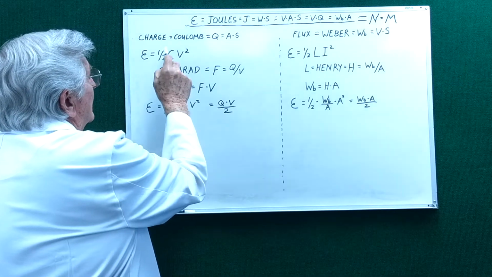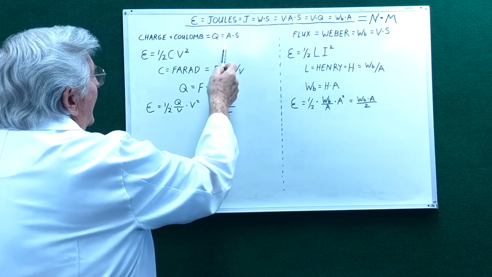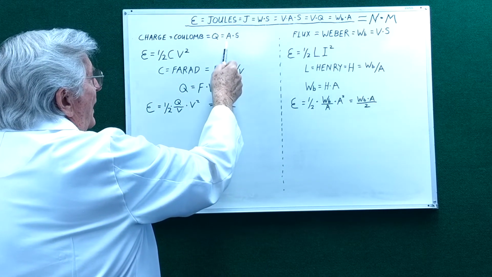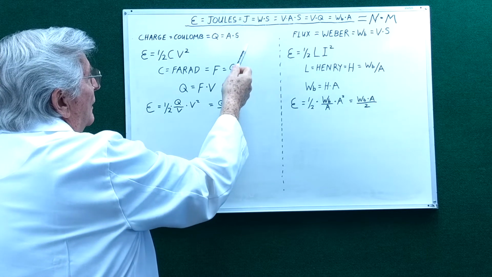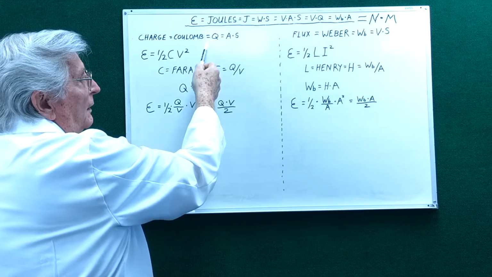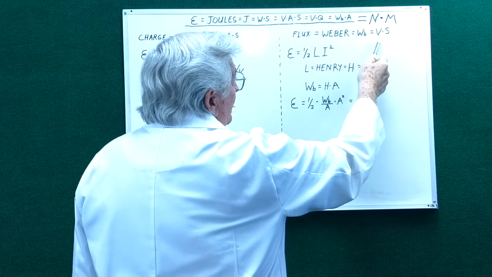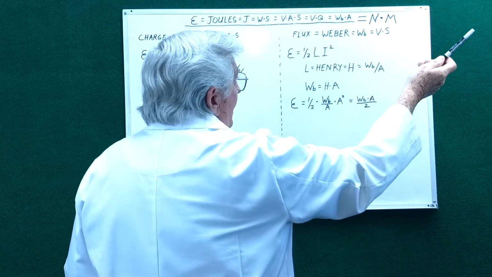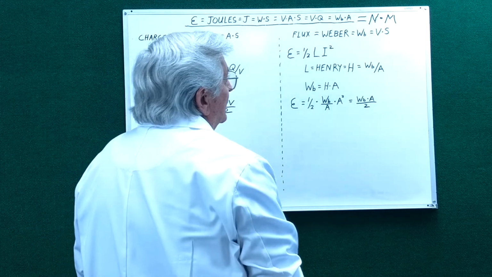Now, these two statements here tell us that if I apply an amp for a second to any capacitor, I'll be putting into it a charge of a coulomb. And if I apply a volt for 1 second to any inductor, I'll have a weber of flux.